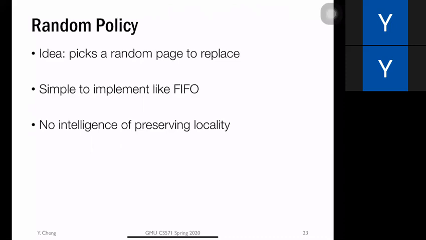It's also simple to implement, just like FIFO. And there's no intelligence at all of trying to preserve locality, usefulness, or some metric.